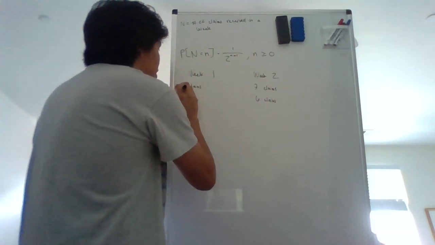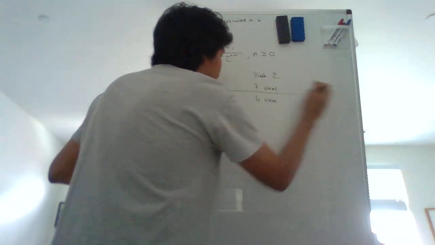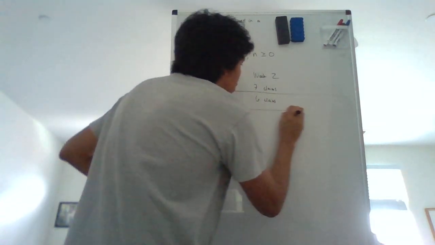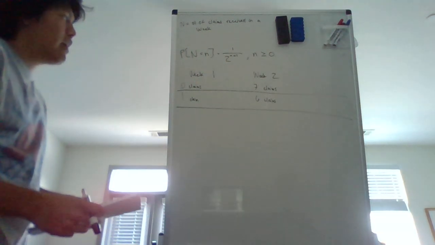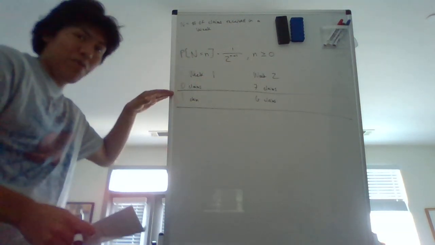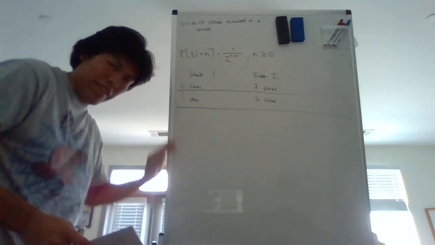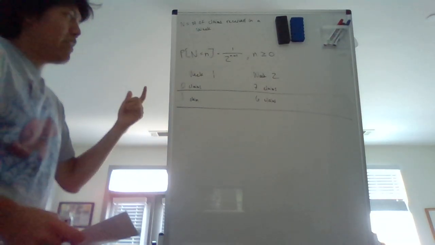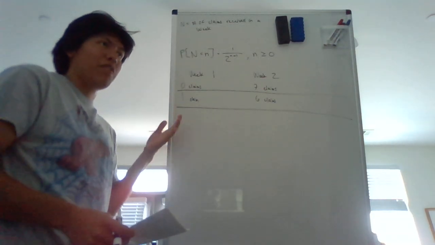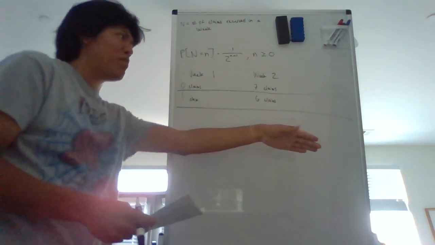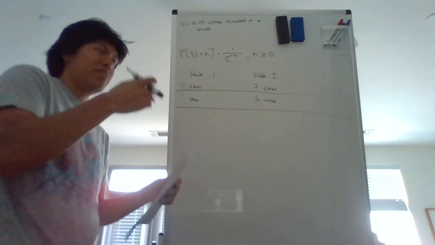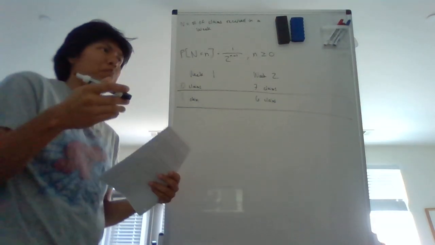I'm also gonna separate these out with a line like that. Right? And we're just gonna go down the list doing this. And that's gonna give us all of the possible ways of getting exactly 7 claims across a 2-week period.